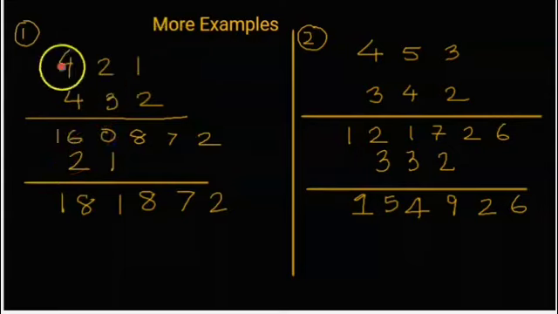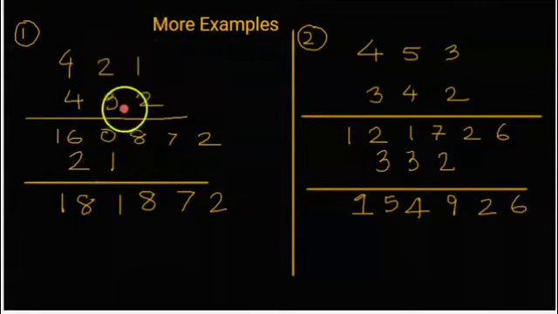Then we will move to the 3rd step, that is 4 times 1, 4, 3 times 2, 6, 4 plus 6, 10, and 4 times 2, 8, and 10 plus 8, 18, and we will write it like this again, 18.